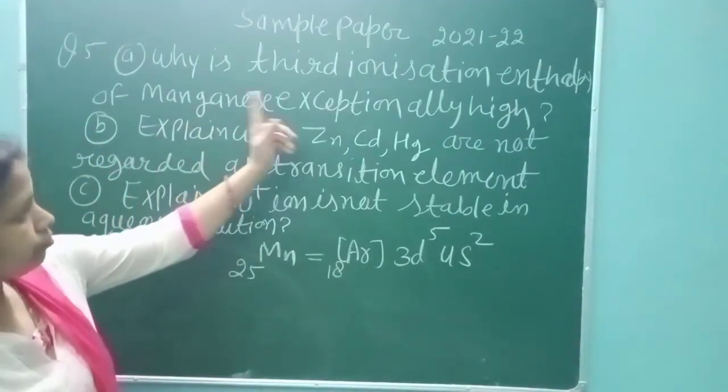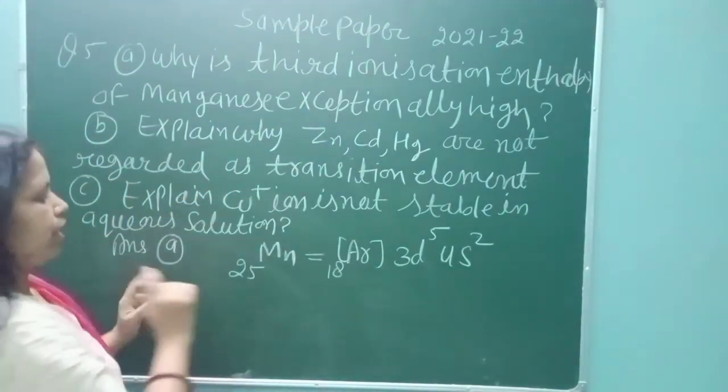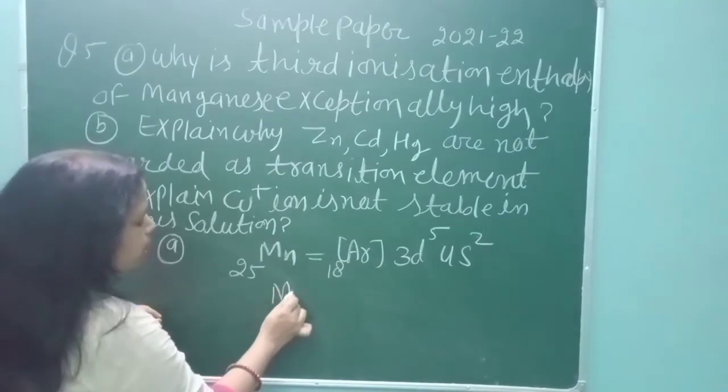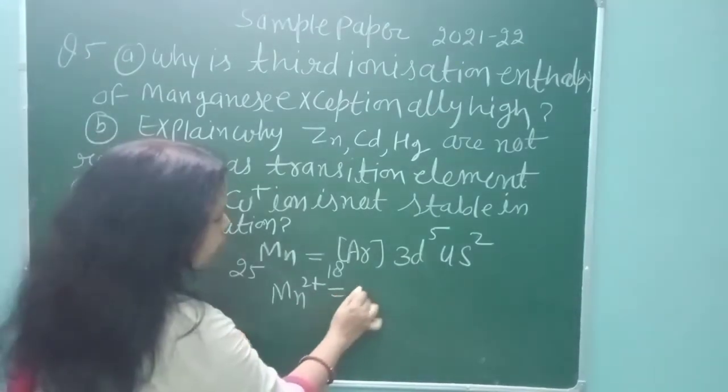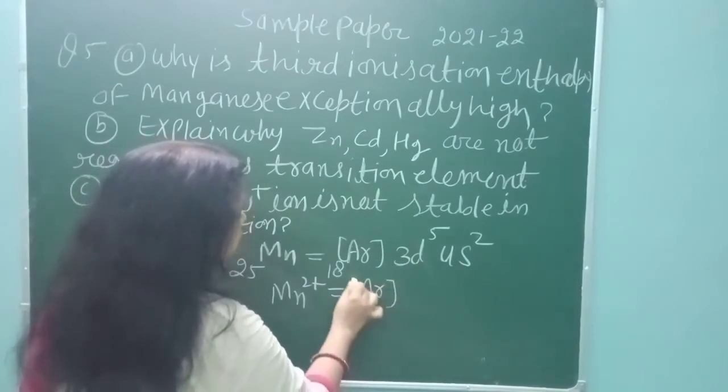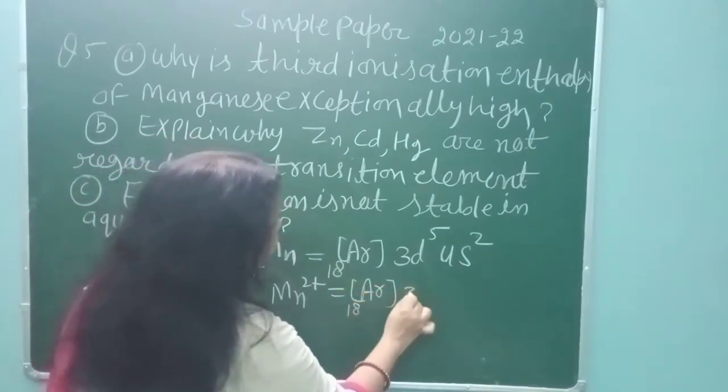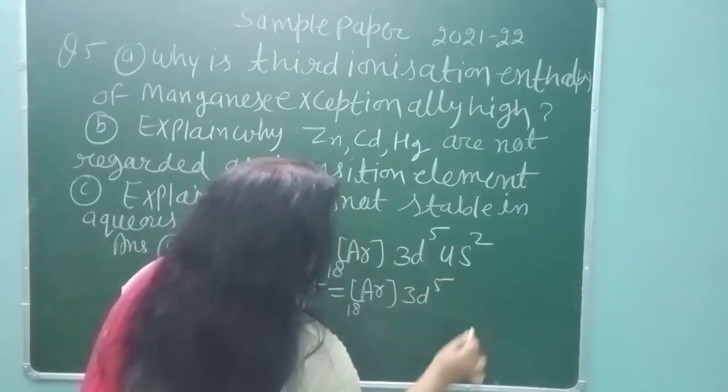Now the third ionization enthalpy. Third ionization enthalpy is for Mn2+. So what is the Mn2+ here? Argon 18 and 3d5.